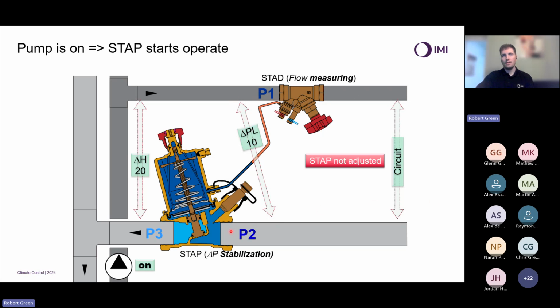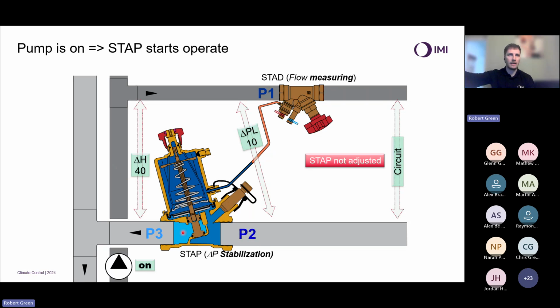That means my DPCV is taking out the difference between the available head of 20 and the set point of 10. If I was to increase my pump head, we'll play that again, you can see we get a slight movement of the seat. So we now maintain again a stable differential pressure of 10 kilopascals, and my DPCV is reacting to take out the difference once more.